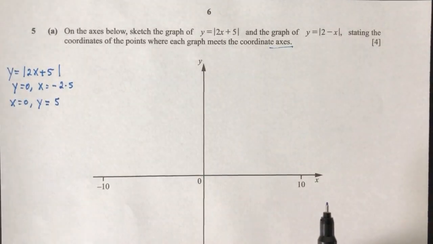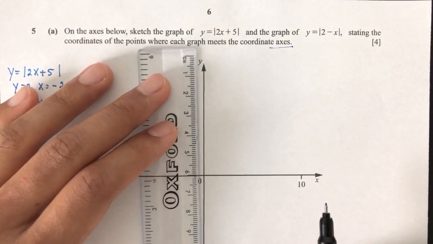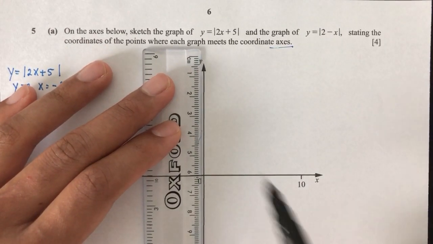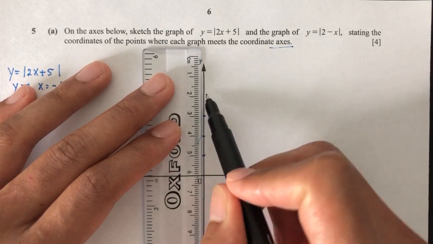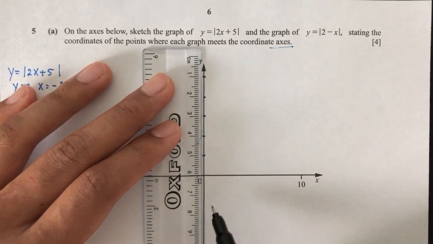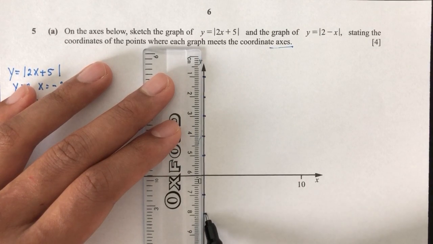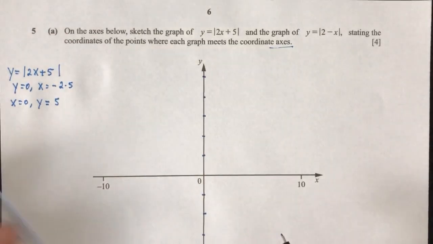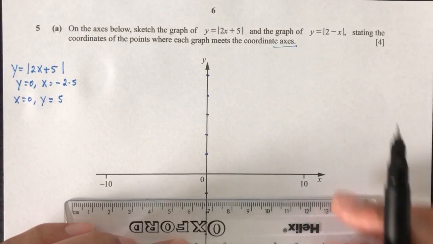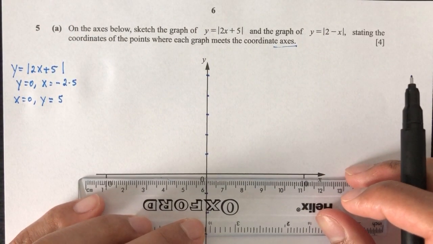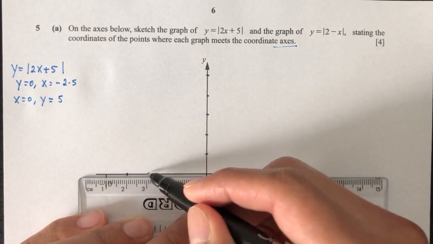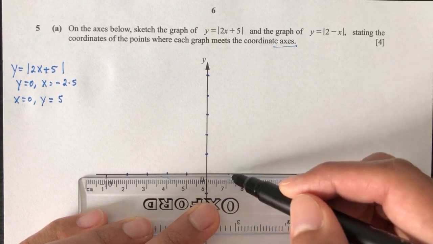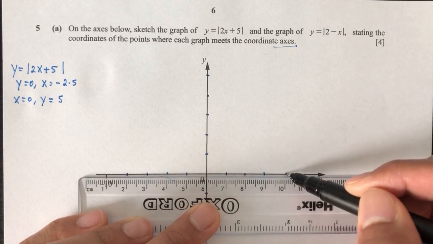So we have 2 points for now. We can first label the axis. This one doesn't need to be exact because it is only a sketch, so it can be a little bit off, but that's okay as long as you show where it intersects the axis and the curve and the lines. So right now I just draw the axis and label the coordinates.